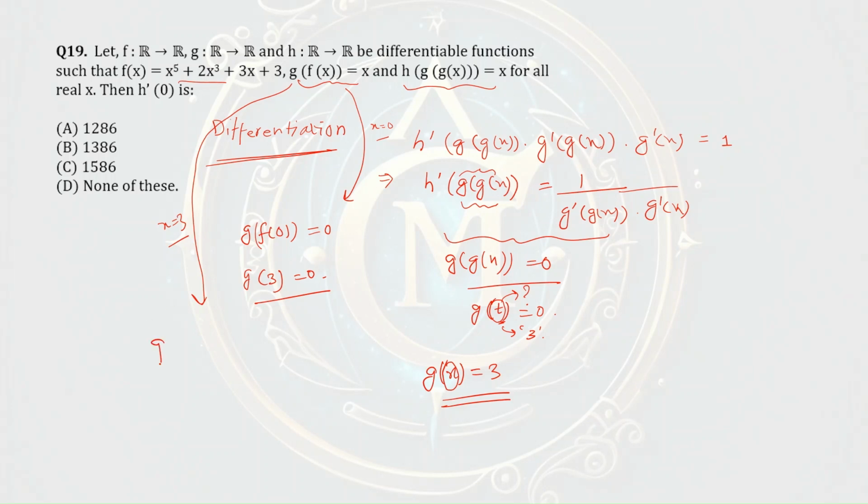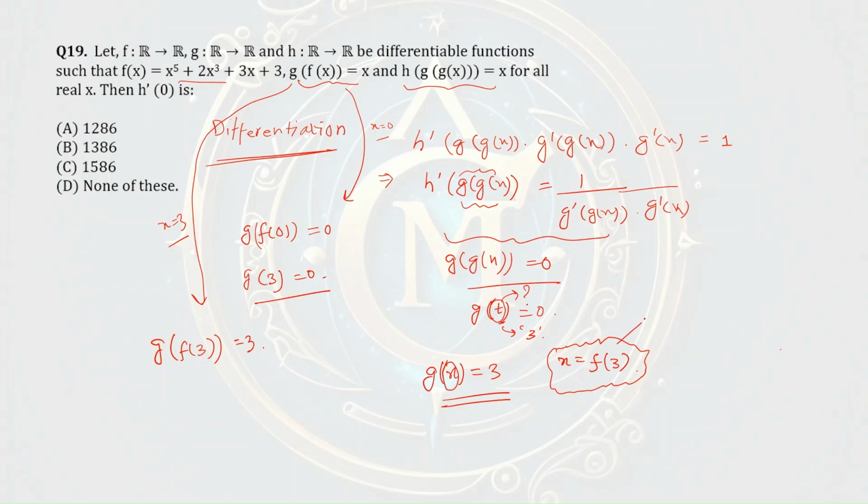So that means g of f of 3 is equal to 3. So this x is nothing but f of 3. So we have to put x equal to f of 3 so that this becomes 0 and we obtain the value of h dash of 0.